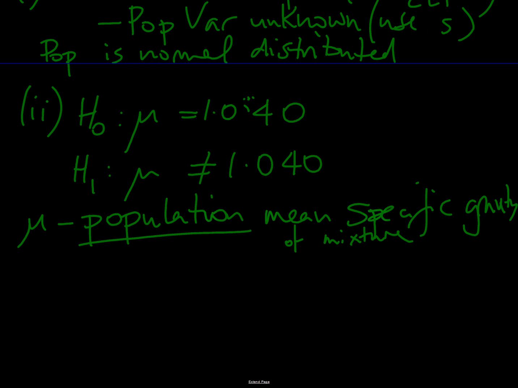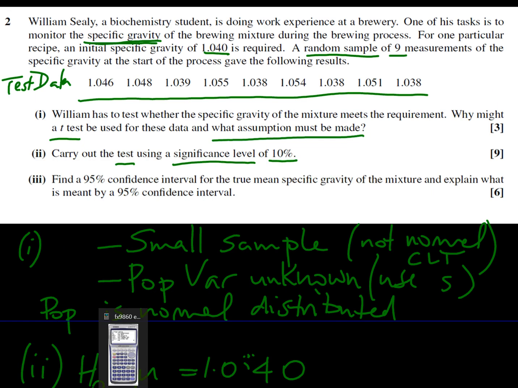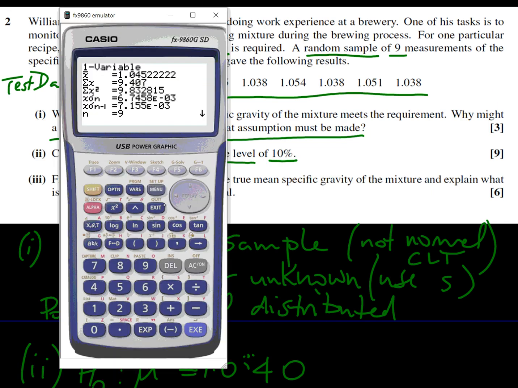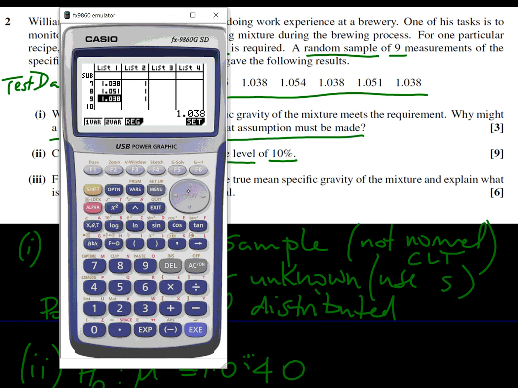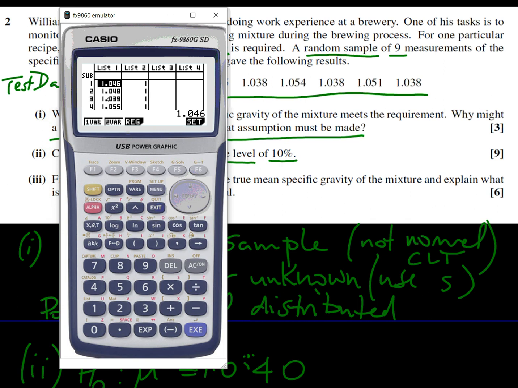Well, our test statistic is going to be our t-value from our test data. We had our test data above, up the top there. My recommendation would be that we enter that data into our calculator. Here we go. So there's our data, there's the 9 items.